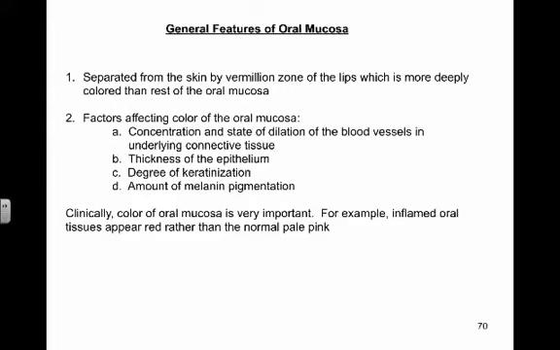If you have a patient exposed to carbon monoxide poisoning, the lips turn blue because there's no oxyhemoglobin or deoxyhemoglobin there. So the thickness of the tissue, the lower the degree of keratinization, the richer the color. Colors are affected by melanin production, and the state of blood vessels.